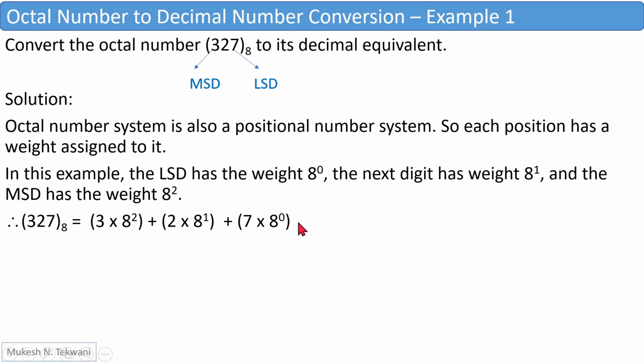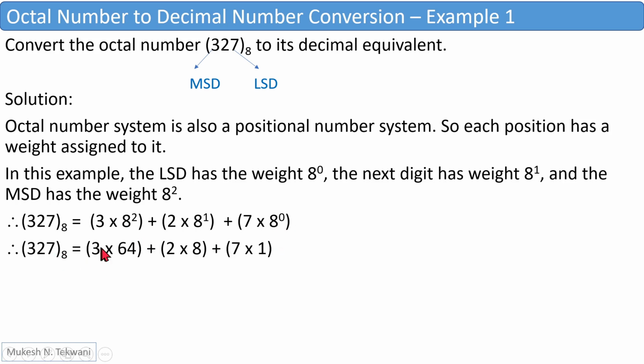So the easy way to do this will be to start with the base and keep on increasing the power of the base from 0 to 1 to 2, and therefore 327 of octal is equal to 3 into 8 raised to 2 plus 2 into 8 raised to 1 plus 7 into 8 raised to 0.